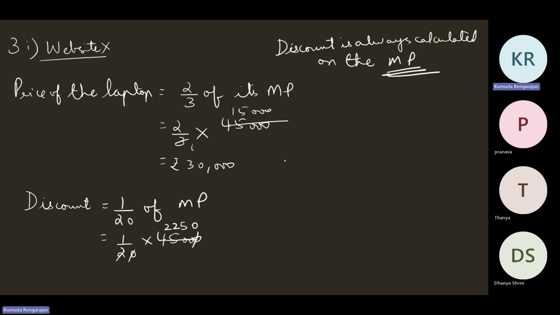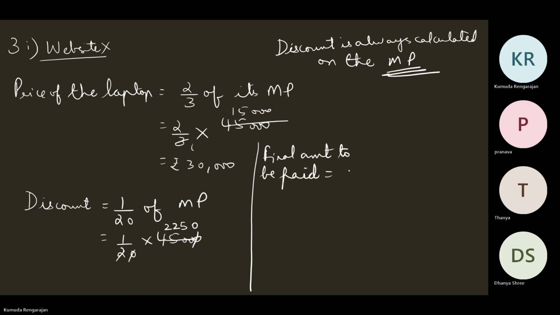So what's the actual price of the laptop? 45,000. Final amount to be paid. How much will you pay? 45,000 is the marked price. But they are offering it to you at two-thirds of that price.